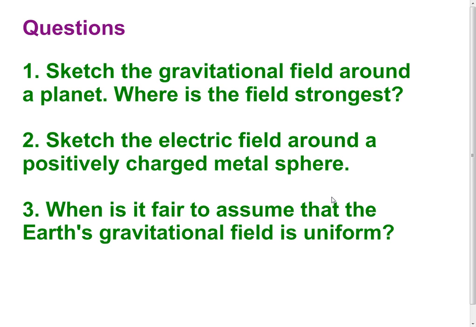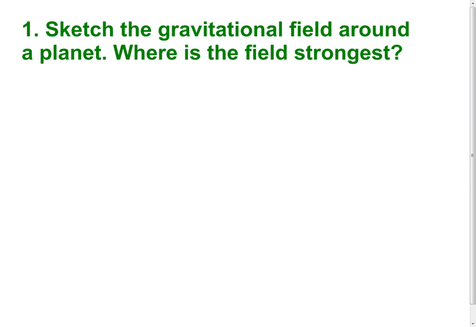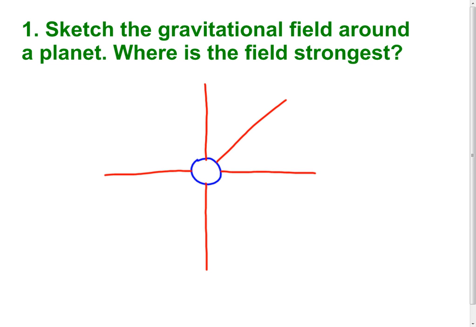If so, let's go. Question 1. Sketch the gravitational field around a planet. Where is the field strongest? Well, the planet is going to be roughly spherical, so we'll start with a spherical object, and then we're going to have radial field lines coming from the surface of the planet, and arrows are going to be pointing inwards towards the planet, because that's the direction.